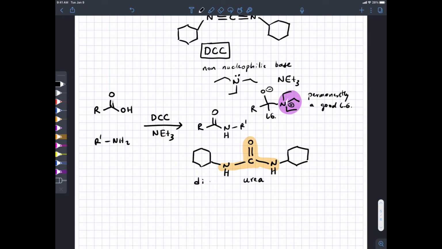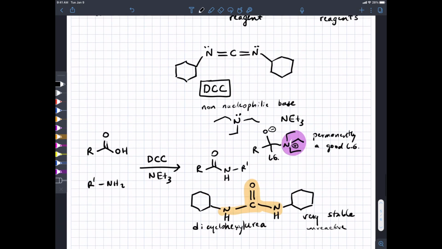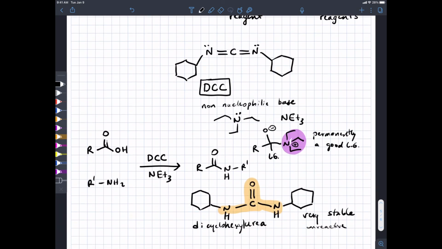So this is dicyclohexyl urea, and it's very stable. Its formation is irreversible, and it drives the reaction forward. Makes the reaction irreversible. So how does this work mechanistically?